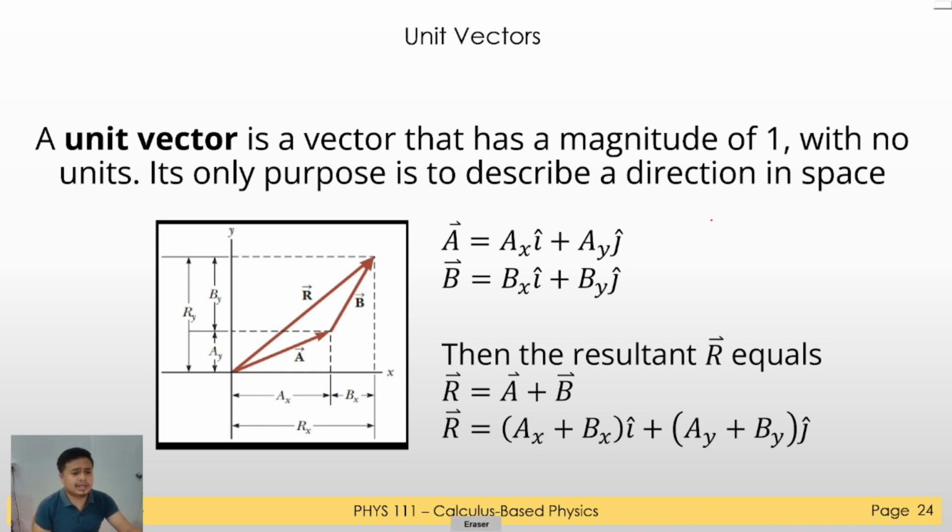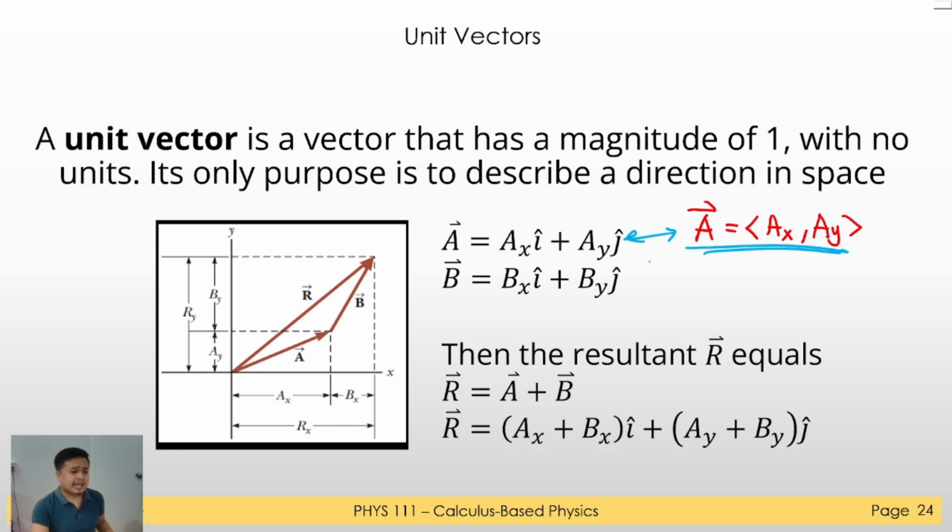We already know that, let's say we have a vector A, for example. We could represent this as a terminal point with a horizontal axis A sub x and a vertical axis A sub y. So in other words, we could represent this in this way or in this other way. So they are basically the same.